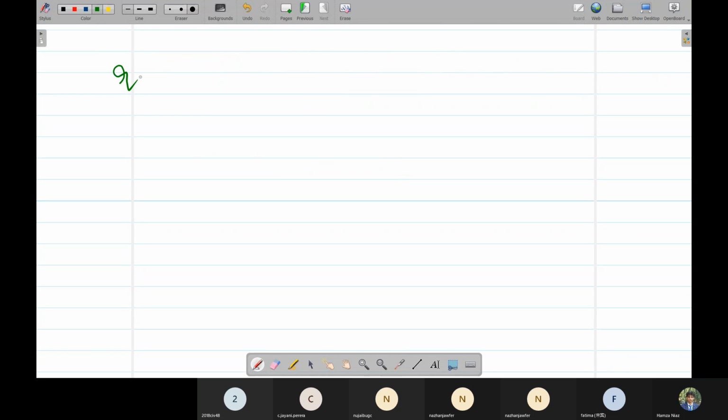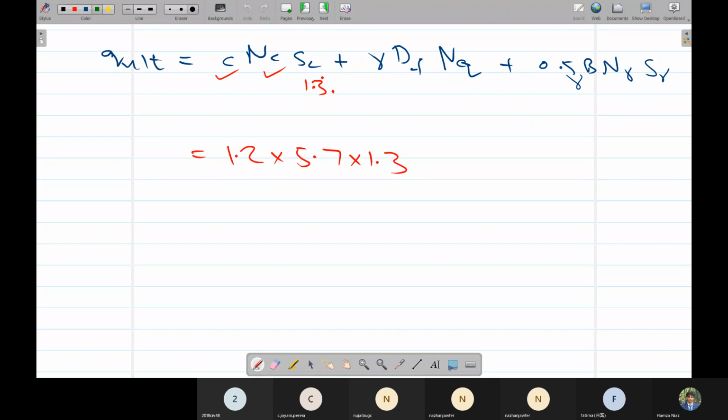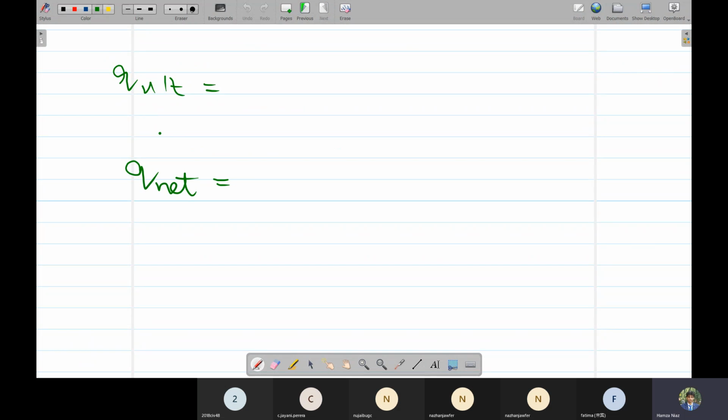Our Q ultimate expression is this. If we are given Q ultimate, we have to find Q net ultimate value. We have to subtract gamma Df from Q ultimate.